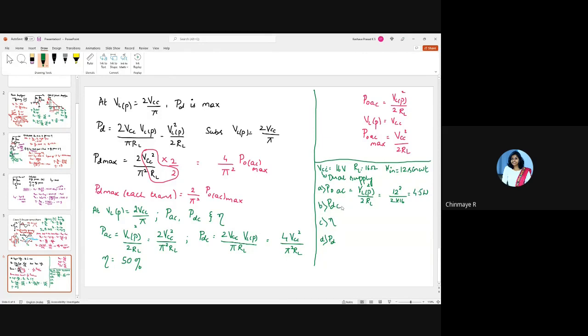Okay. So next we have to calculate PDC. So this is 2 into VCC into VL of P divided by pi RL.